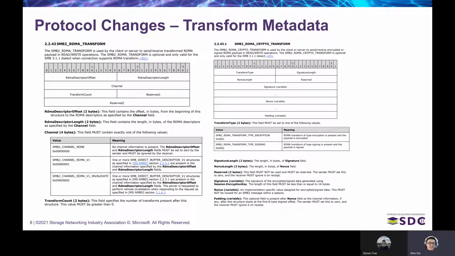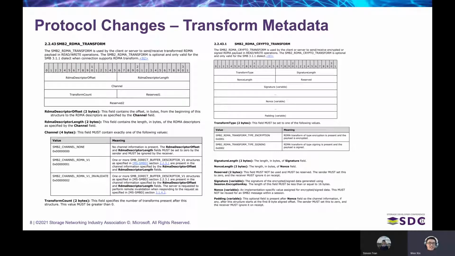And then on the right side, this is just an example: we're using crypto, so encryption or signing, as an example of something you can have in the list. With each list element, the first field needs to be the transform type to identify what transform this is, and then the rest pertains to the transform.